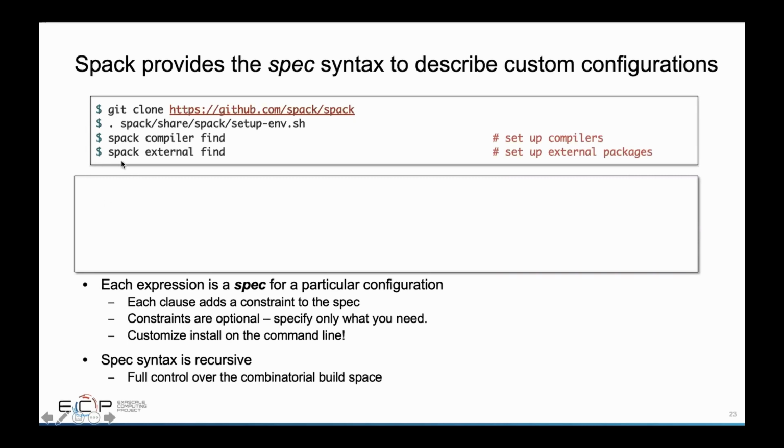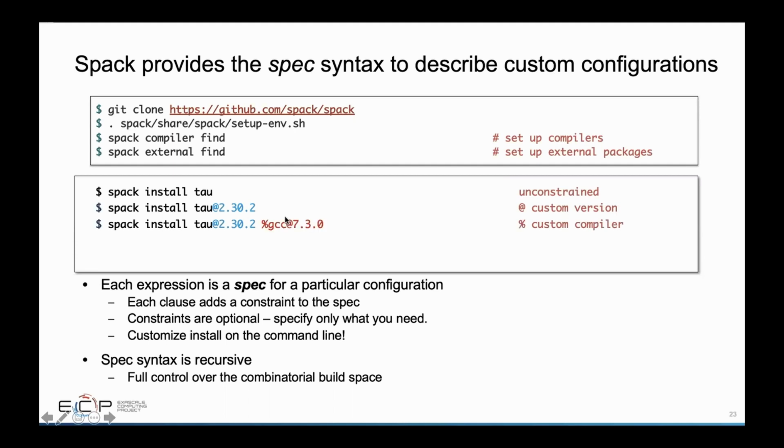Now, once you are set up with the Spack environment, you can just say spack install tau, and then it will install a version of tau. Or you can specify with the @ symbol a custom version. So you could say, please install tau@2.30.2, and it will then download that version. It also understands compilers.